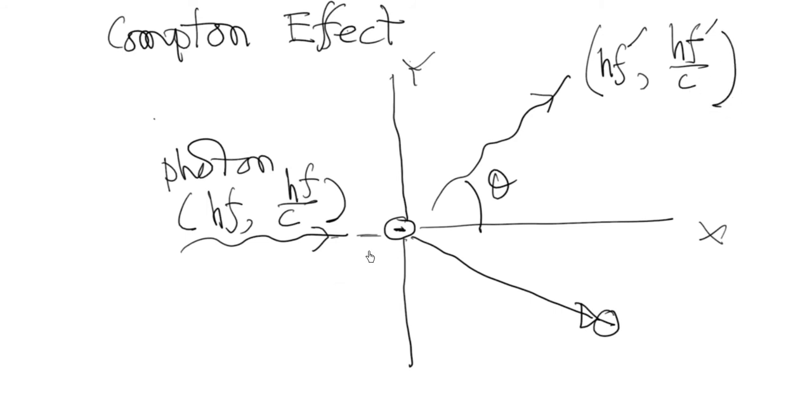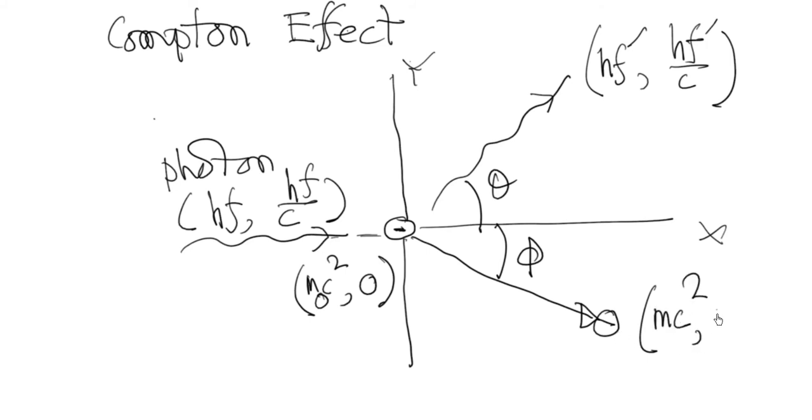And here the energy of the electron is the rest energy m naught c square, and the linear momentum is 0. Let this angle be phi. After the collision, the electron will move with a velocity, so the energy will be mc square, and the linear momentum is say p.